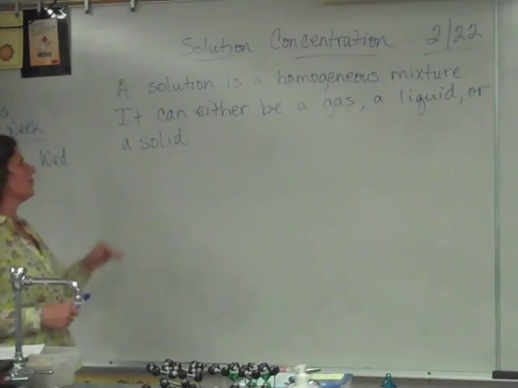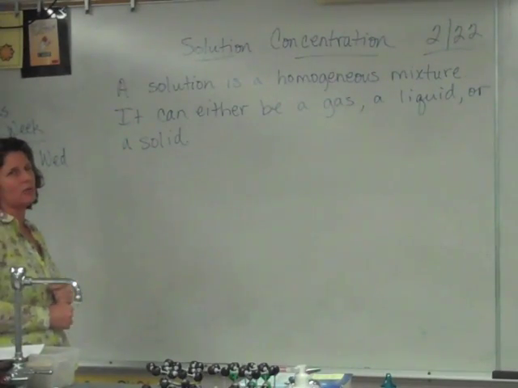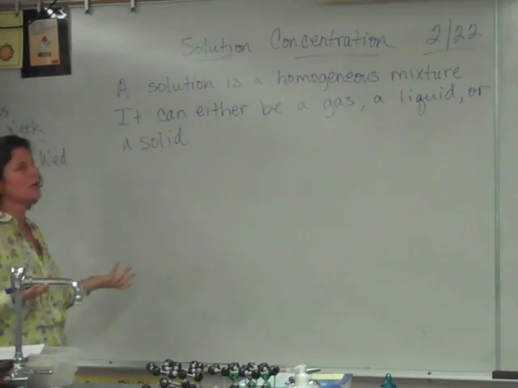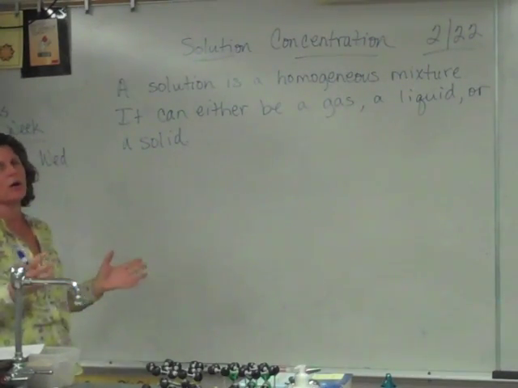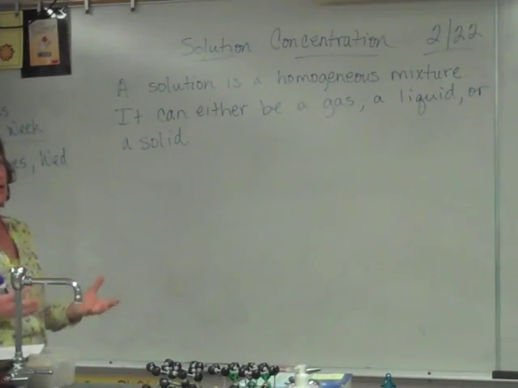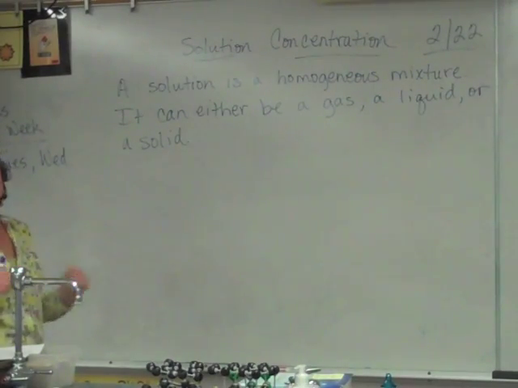For solids, we would think of a metal alloy, for instance steel. Steel is a mixture, homogeneous throughout. It's got different elements in there, but they are evenly distributed.